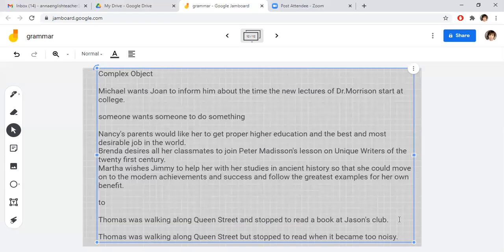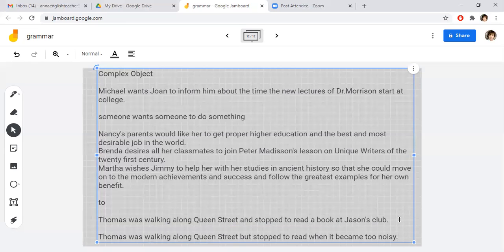And so when he was nearby Jason's club, what did he do? He stopped. He stopped walking. He changed his walking activity into reading activity because Jason's club was connected with books.